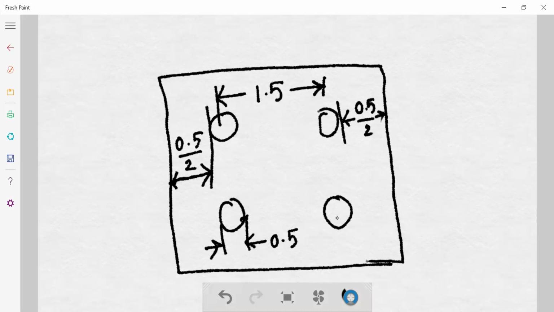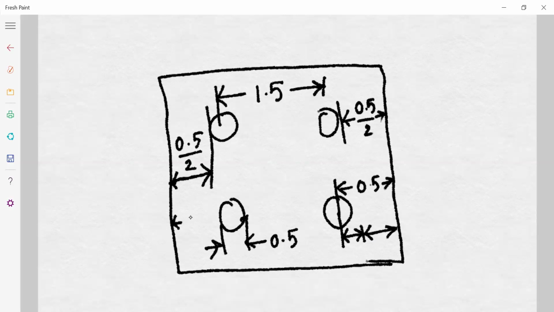So what will be the distance from the center? This one is also 0.5 by 2 and this one is also 0.5 by 2. So ultimately this will be 0.5 everywhere till the center.